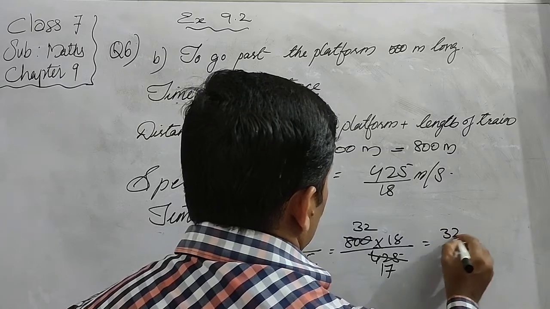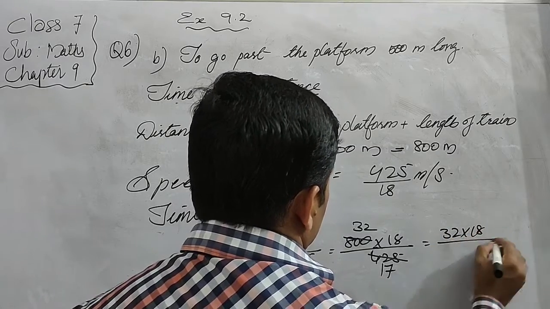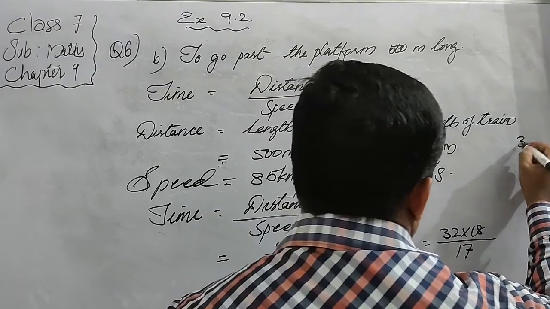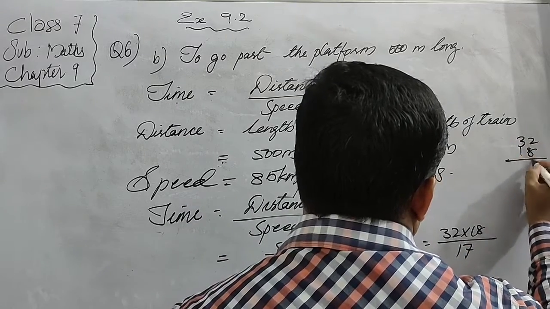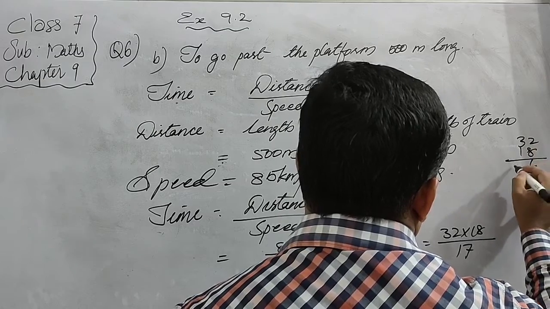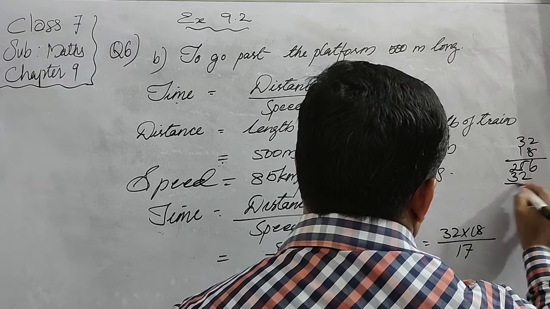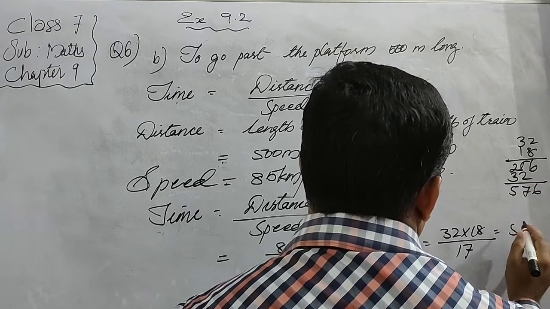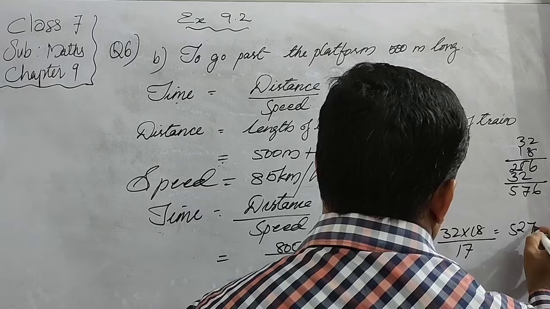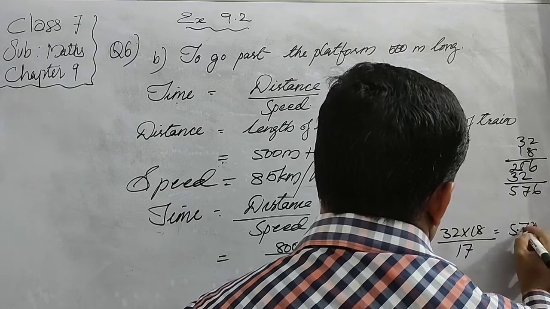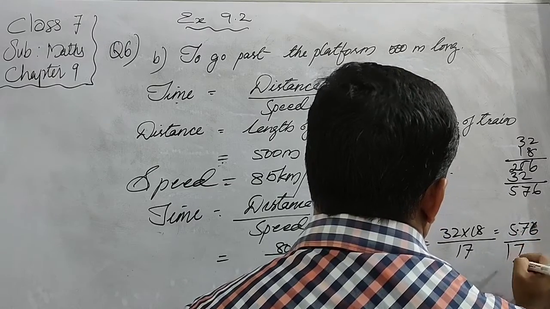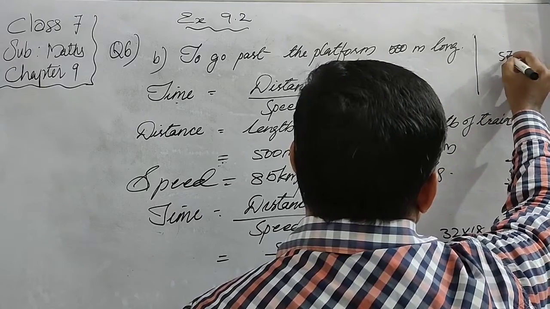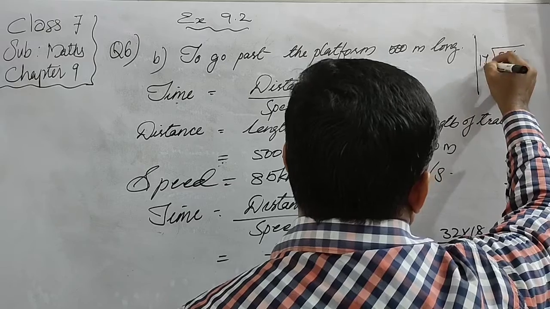So here 32 into 18 upon 17. We can multiply 32 and 18, that is equal to 576 upon 17. We have to divide that.